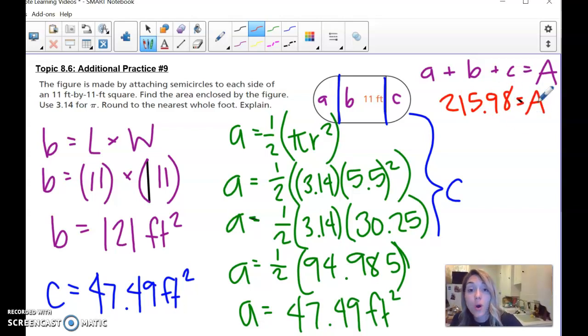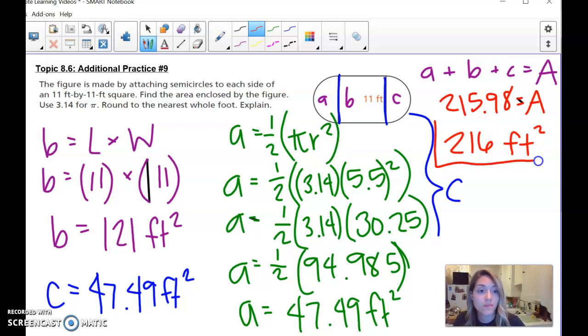But if I'm rounding to the nearest whole foot, it's going to be 216 feet squared. Should have said to the nearest foot squared. All right, so in this figure, the total area enclosed by the figure is 216 feet squared.